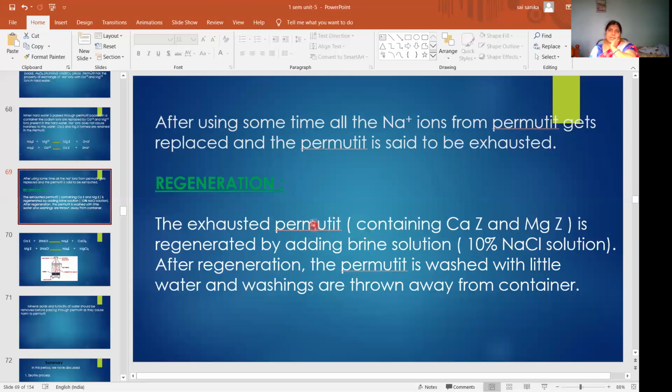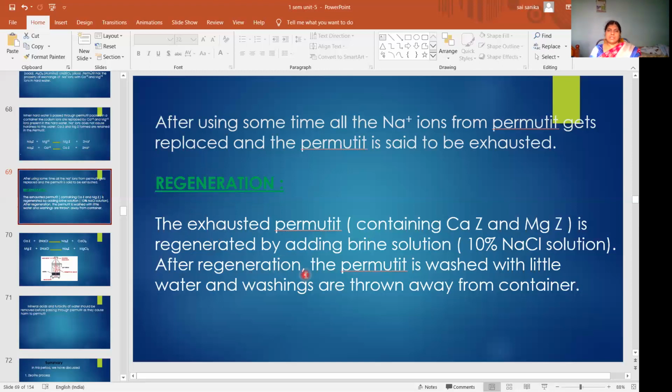so the exhausted permutit contains what? Calcium and magnesium zeolites. So if you add brine solution to this, what happens? Again permutit is regenerated. Again sodium zeolite is formed. After regeneration, re means again we are preparing the zeolite.